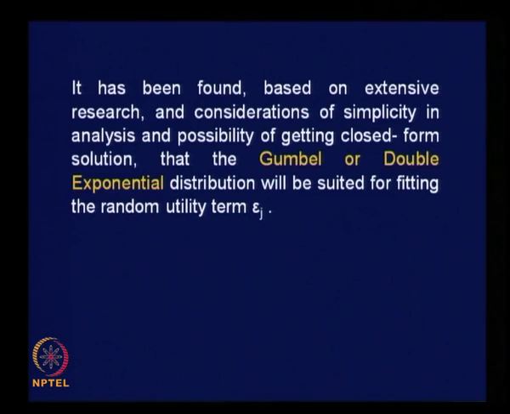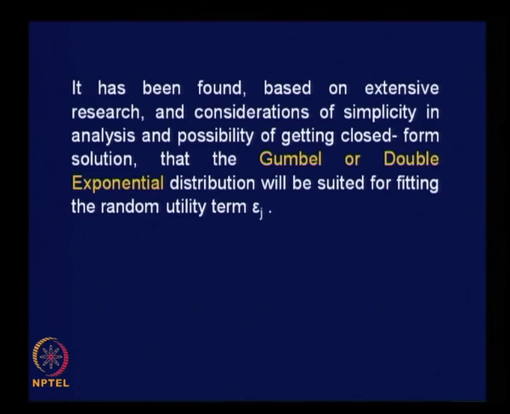It has been found based on extensive research and considerations of simplicity. Extensive research leads to lot of complex conclusions also. So while you recommend something for adaptation, for implementation in practice, you need to think of simplicity in use of a concept or theory.